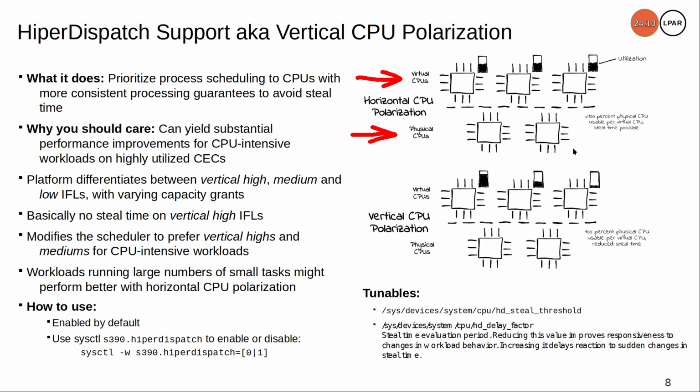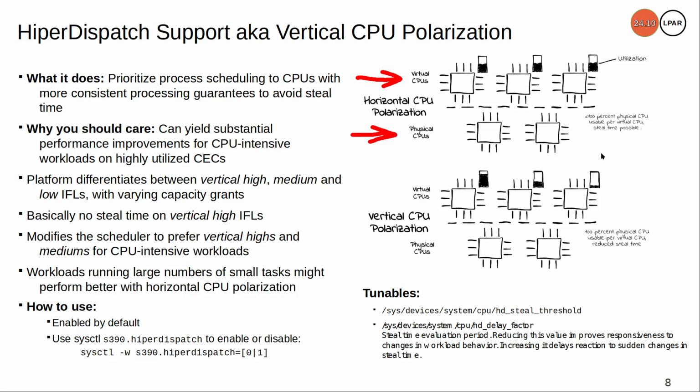So the help is so-called vertical CPU polarization. And what vertical CPU polarization means is we distinguish between so-called vertical high, medium, and low IFLs. And vertical highs are CPUs where we're basically saying you will not experience any steal time. That's where our scheduler logic kicks in. Make sure that you always get as many time slices as you had requested with the respective virtual CPU and therefore the physical CPU.